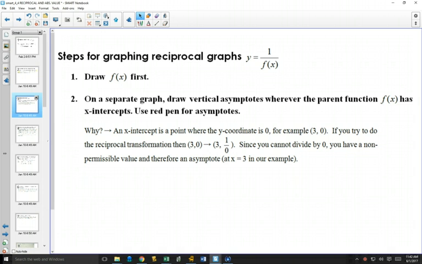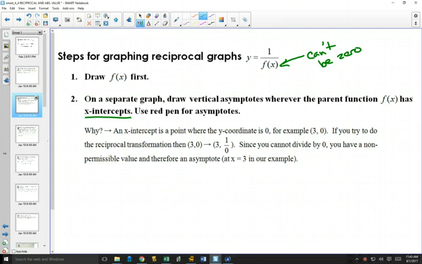Then the very first thing you're going to do is draw asymptotes. Because one of the things that you know when you're dividing by something, the bottom can't be 0. Otherwise, you're dividing by 0. So you're going to look at your f of x graph, and wherever you have x-intercepts, you're going to have non-permissible values.